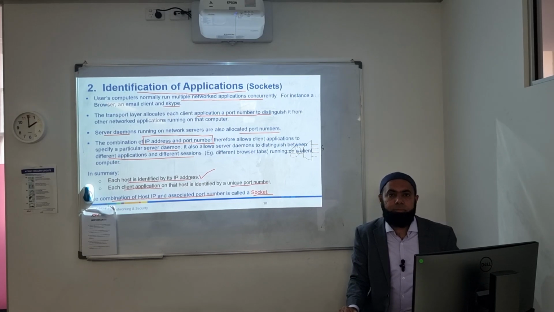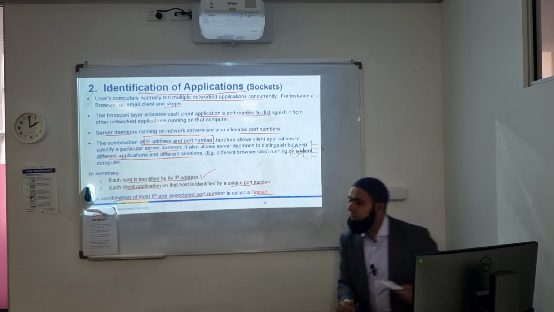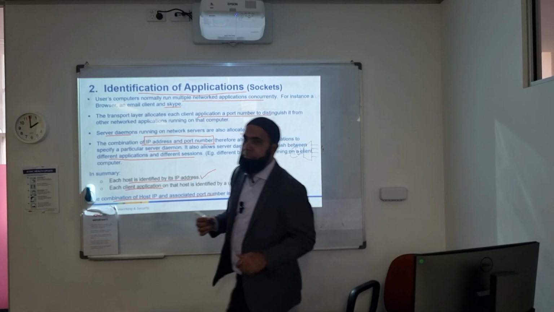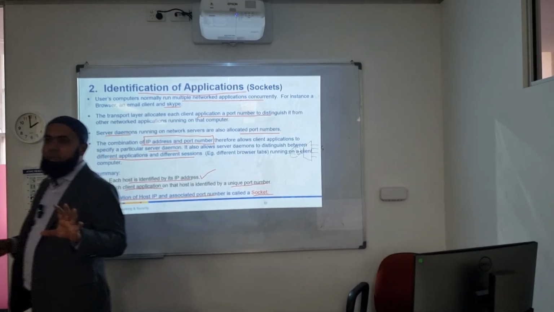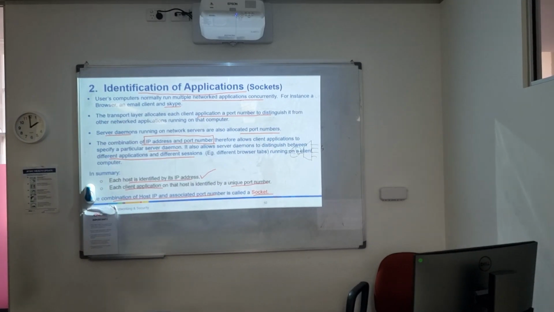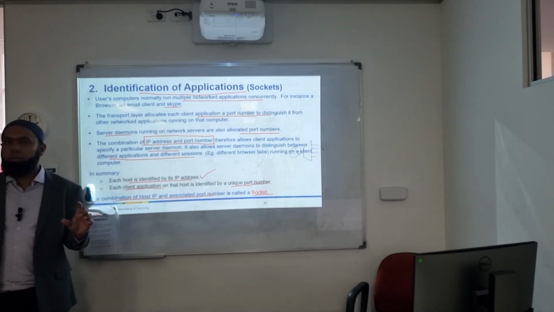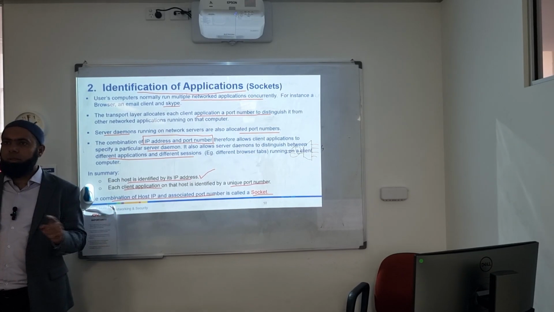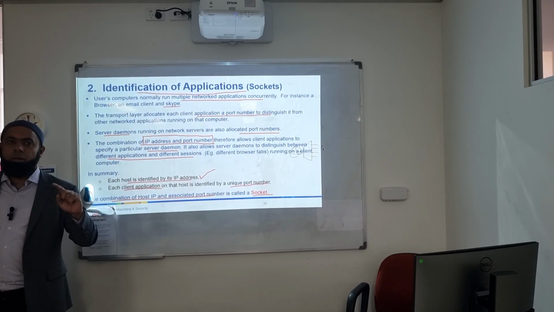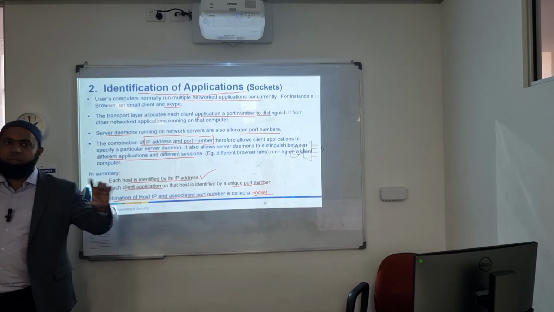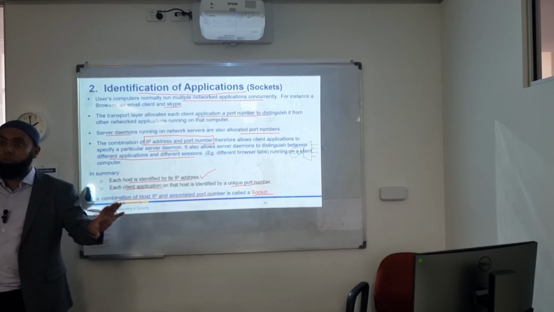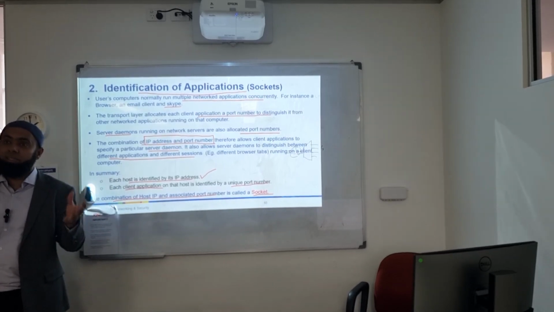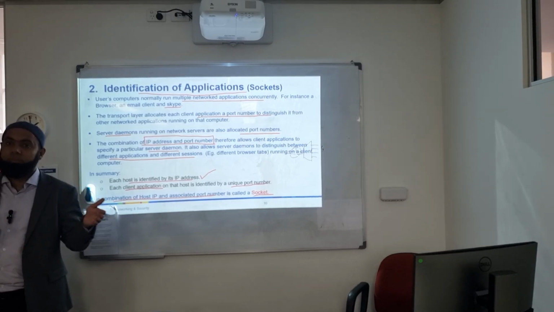Make sense? So remember, just to recap: in the data link layer, it was hop to hop; in the network layer, host to host; and in the transport layer, app to app, distinguishing the apps with sockets.